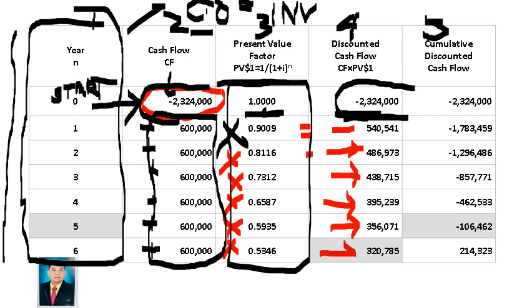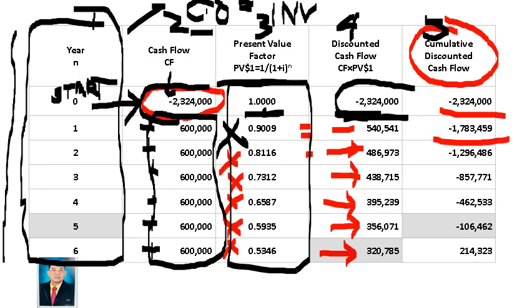However, the last column is the cumulative discounted cash flow. So your capital investment is negative, minus 540, it gives you negative 1.7. This one minus this one gives you negative 1.296. This one minus this one gives you negative 857. This one minus this one gives you negative 462.